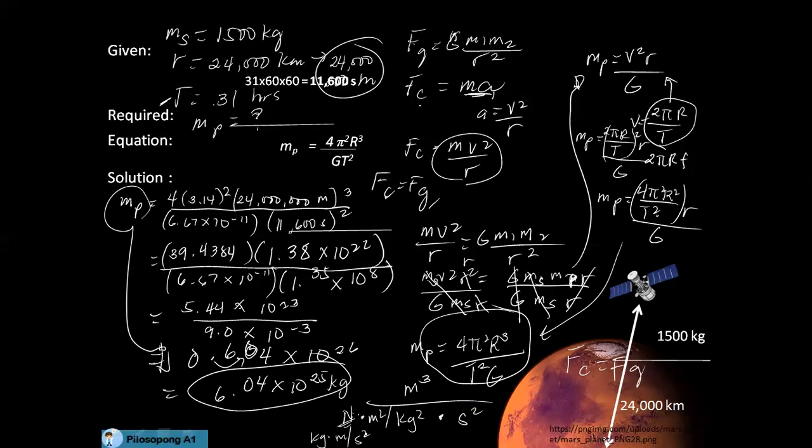By doing so, you can cancel out the time in seconds squared, and we have kilograms. Since we have a reciprocal of this one, it will not be a negative sign, so we'll have kilogram remaining for our unit. And then we have meter cubed over meter squared, we can cancel this out. We get just kilogram for our answer of 6.04 times 10 raised to 25 kilograms. And that's it.